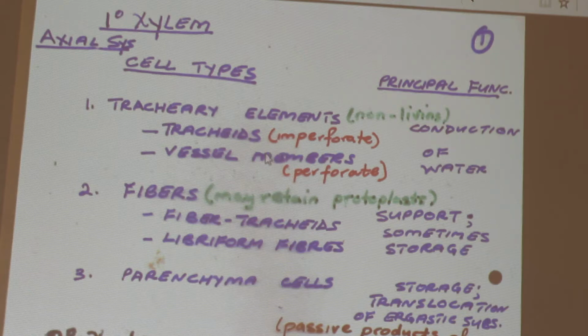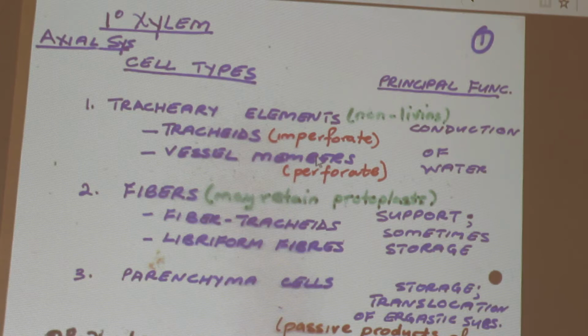There are holes on the side, and those holes on the side of the cell are called pits. When we say a cell is perforated, it has special wide openings, normally at the terminal regions. So the tracheids are imperforate. They don't have these openings.